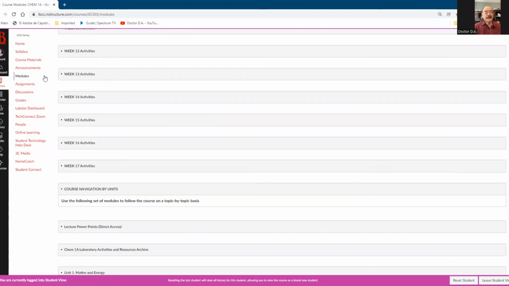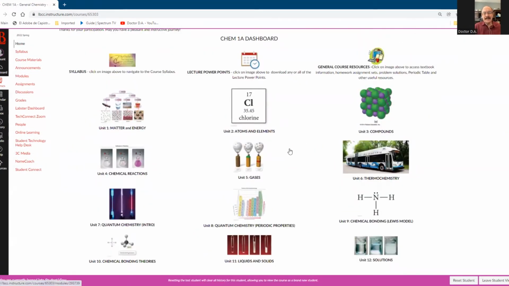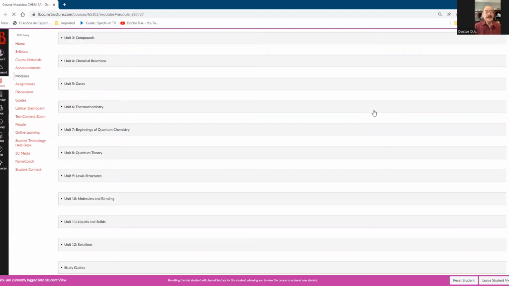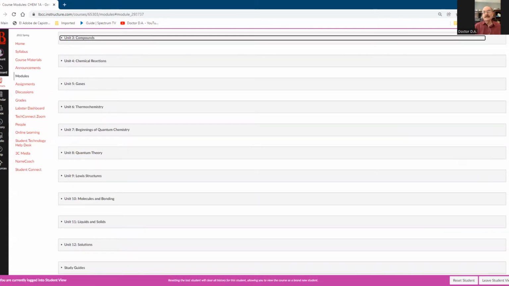Don't forget that from the home page, you can also navigate to the bottom of the home page on this dashboard, and you could look up the unit of compounds, click it there, and it'll take you specifically to the module for that unit 3, which is compounds. Okay, so I hope that really helps you in terms of navigating.